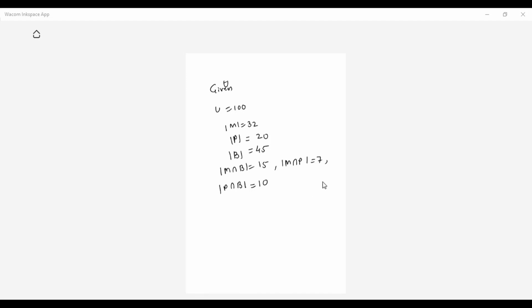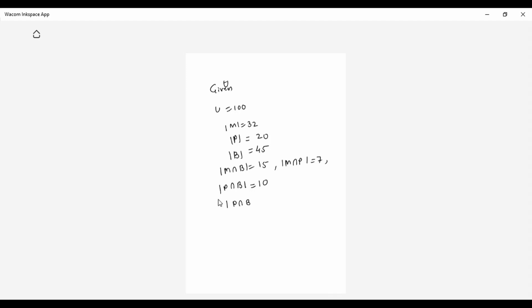Okay, M union P union B, bar. Perfect. Very good. Whoever is giving the answer is correct. Very good. I'm happy. So basically, students, 30 do not study any of the three subjects. Do not study any of the three subjects means what?